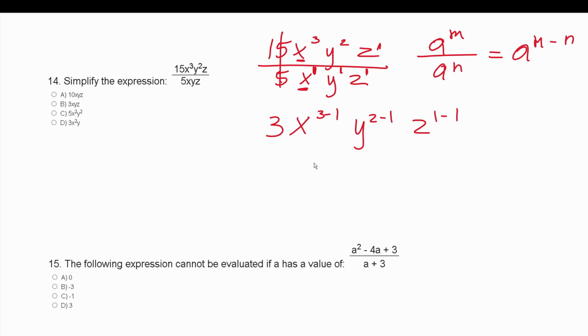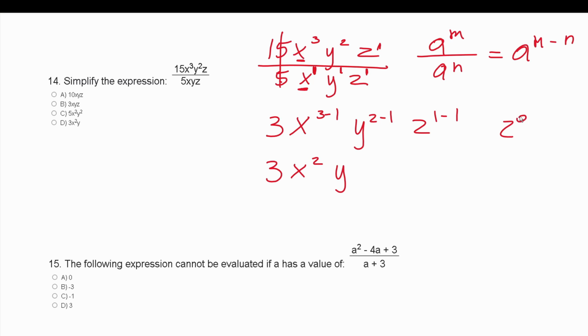Let's go ahead and work on simplifying this. This becomes 3x to the 3 minus 1. 3 minus 1 is 2. Y to the 2 minus 1. 2 minus 1 is 1. Whenever an exponent's 1, you don't have to write a 1 there. Again, it's implied that it's 1. Then here we have z to the 1 minus 1.